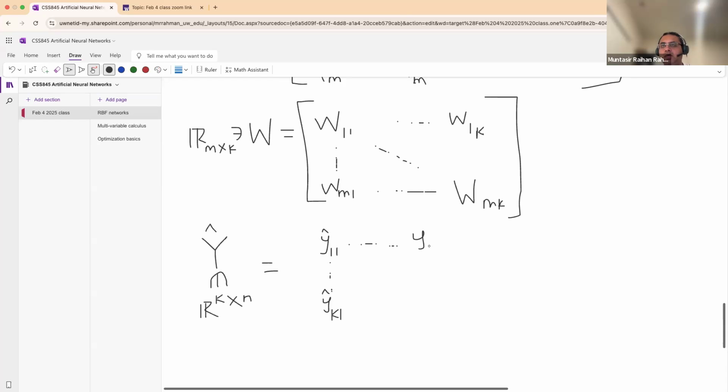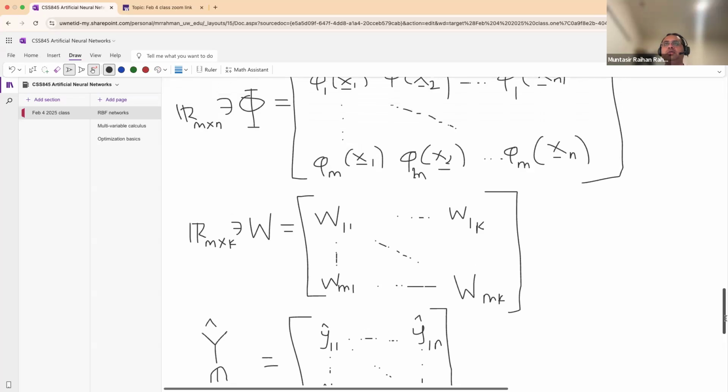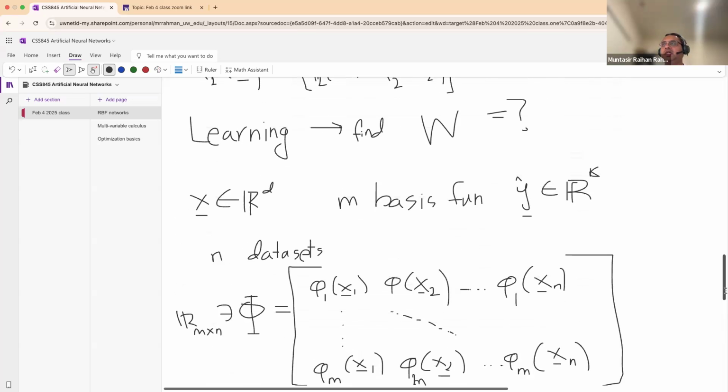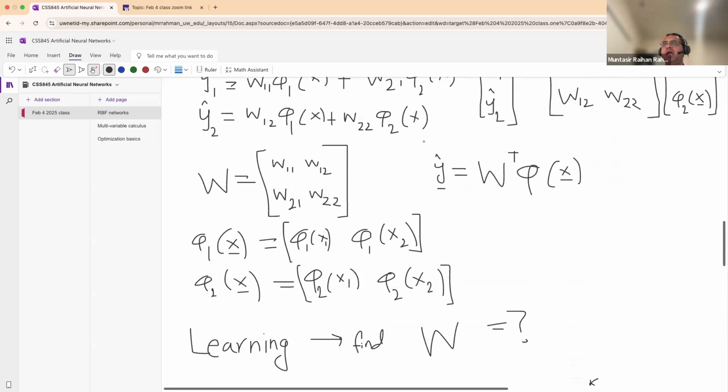And for the nth input vector, this is going to be the corresponding output. So this is all going to be K by n.